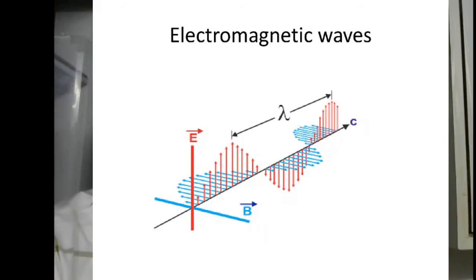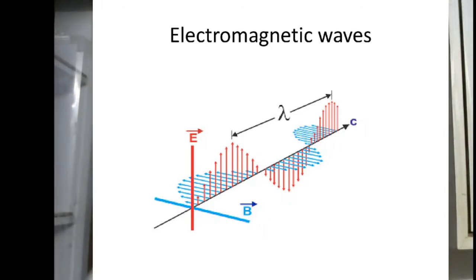See here, both are propagating with the same velocity. They are not leaving each other. Here the red arrows indicate the electric wave and the blue arrows indicate the magnetic field. They are propagating in phase, but the planes are different.